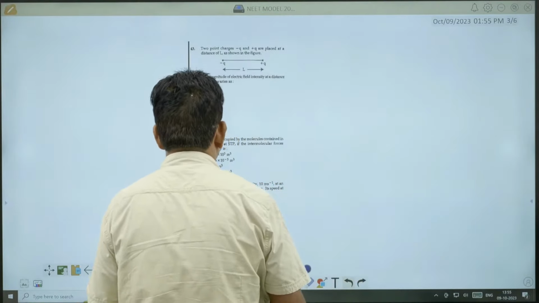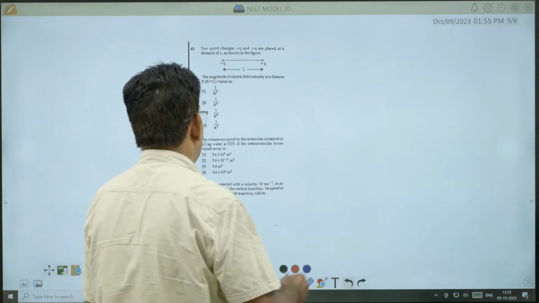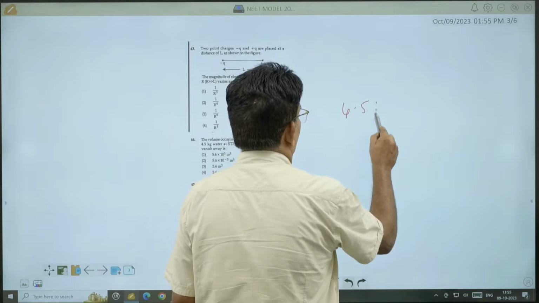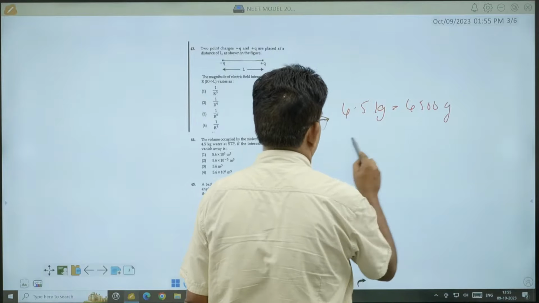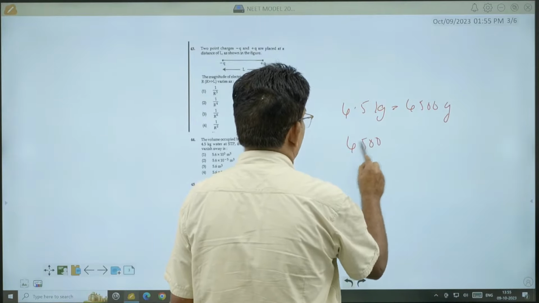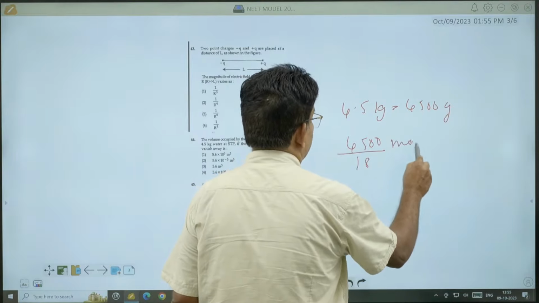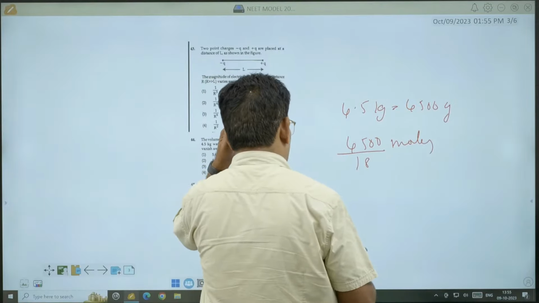Next question. Volume occupied by molecules contained in 4.5 kilogram means 4,500 grams, or 4,500 by 18 number of moles. And at STP, 1 mole contains 22.4 liters.